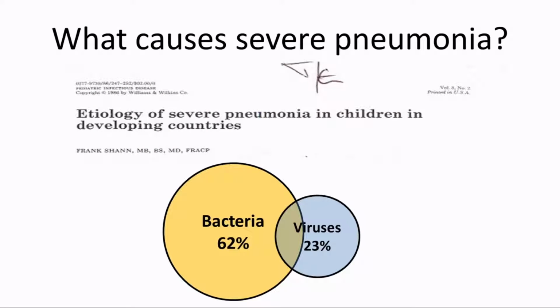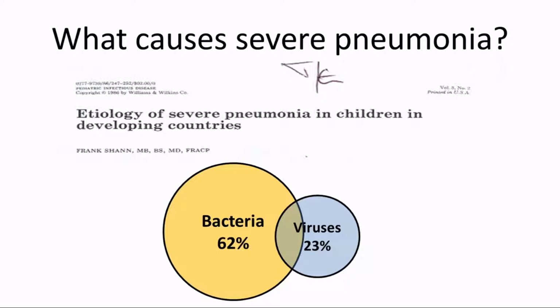And this recommendation was based on reasonable evidence from etiological studies conducted in low-income countries in the 70s and early 80s. So this slide shows a review done by Frank Shann, where he looked at evidence from developing countries on the etiology of pneumonia in children.